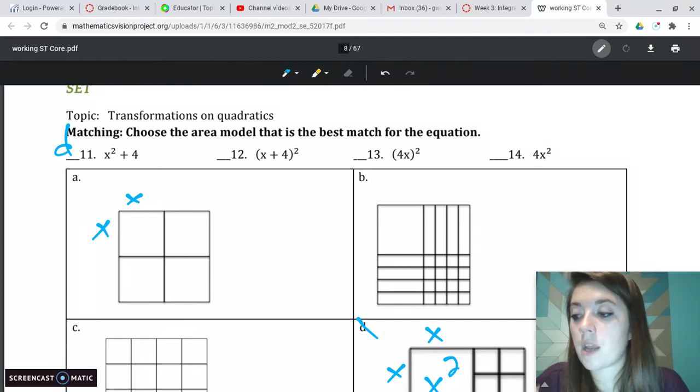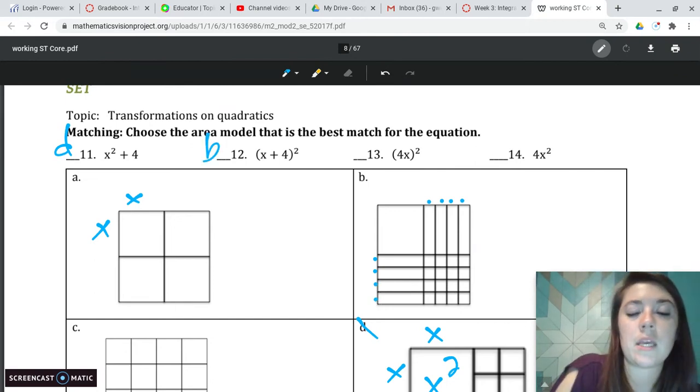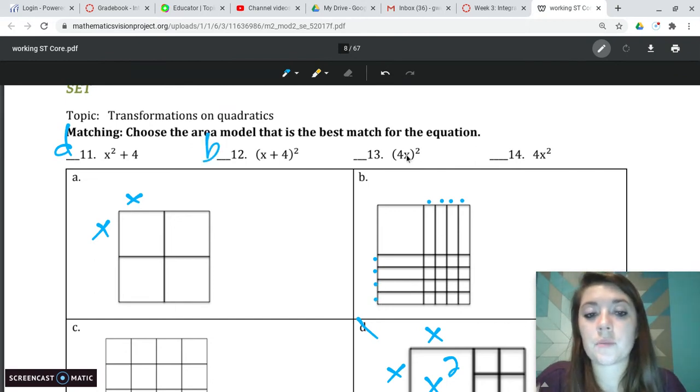Our next one, we have x plus 4 quantity squared. For this one, because we're adding the 4 to it and then squaring it, the 4 is going to show up on both sides. So 1, 2, 3, 4, and 1, 2, 3, 4. So this one is B. You guys will take and look at the next two. Be very careful because obviously these are very similar.